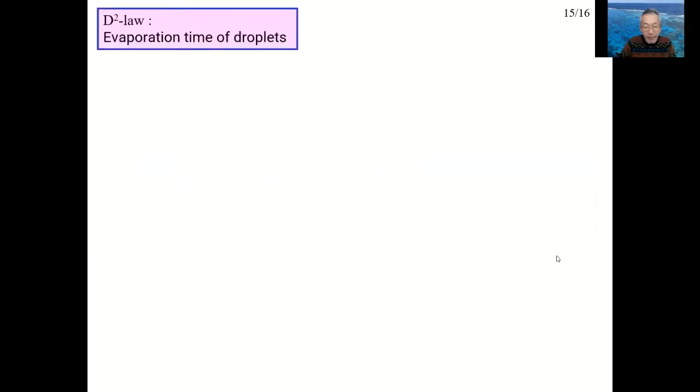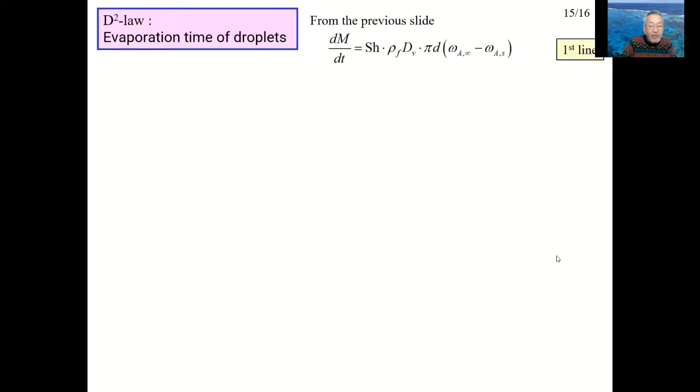In this slide, I will explain the d square law. The d square law concerns the time required for one droplet to evaporate into vapor. The d square law is derived from the equation obtained so far. The formula of mass transfer on the previous slide is shown on the first line.